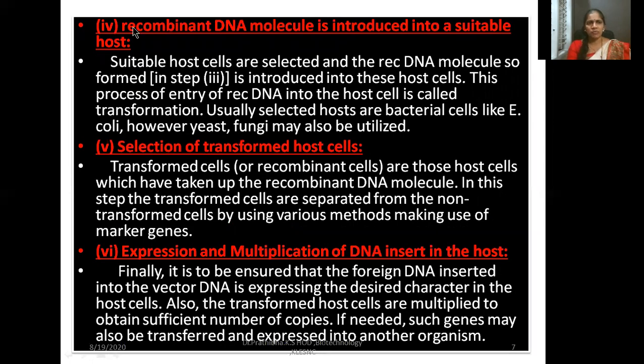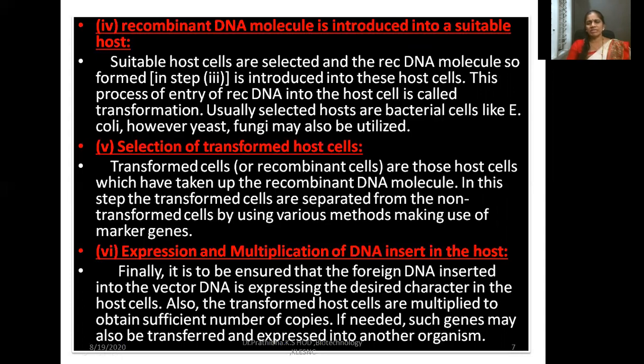Next, step 4. Recombinant DNA molecule is introduced into a suitable host. Once recombinant DNA is ready, it must be introduced into the host system for further multiplication or replication to obtain the clones. Suitable host cells are selected and the recombinant DNA molecule formed in step 3 is introduced into these host cells.